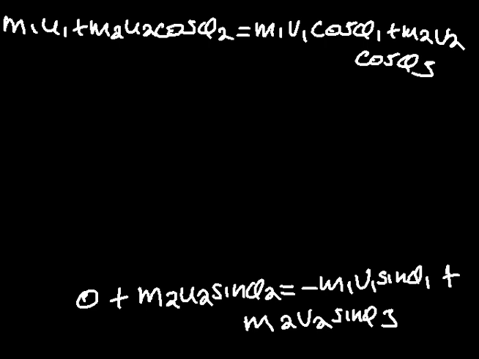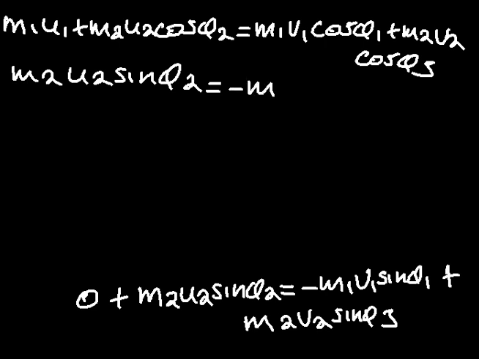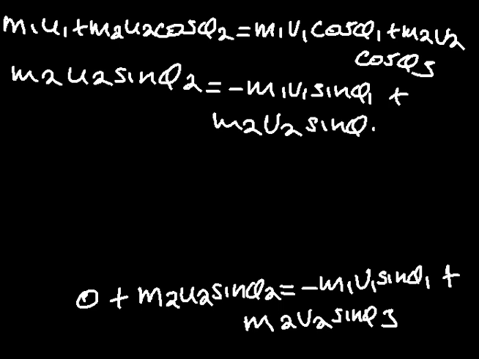And back to y, we'll have m2 u2 sin theta 2 equal to negative m1 v1 sin theta 1 plus m2 v2 sin theta 3.